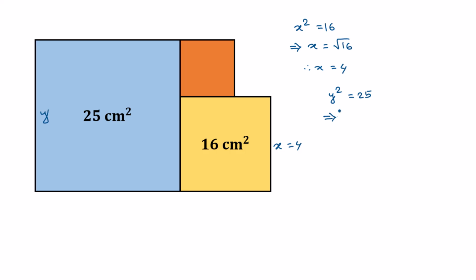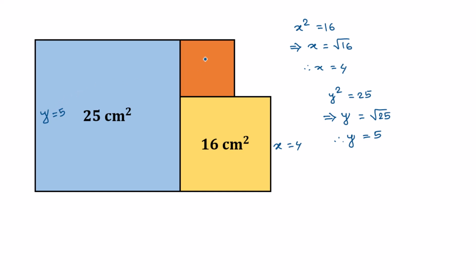Now taking square root to both sides, we will get the value of y is equal to square root of 25, which is 5. So the value of y will be 5 units.